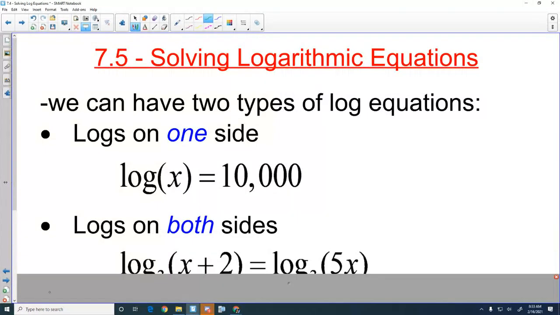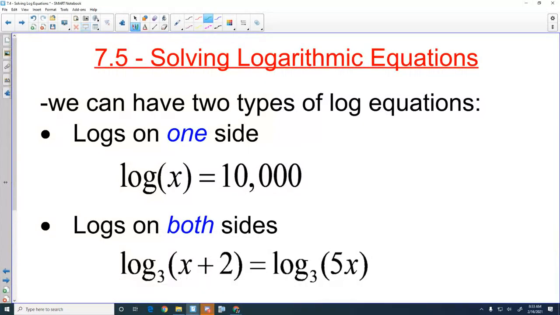The other situation is when you have log on both sides. Just to frame your reference, you don't need to actually write those equations down. I'm going to be going into separate slides for each of those scenarios.